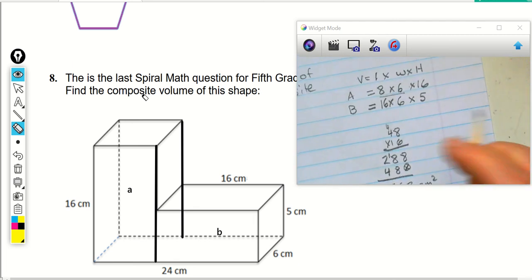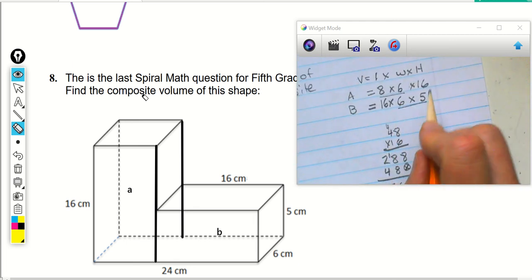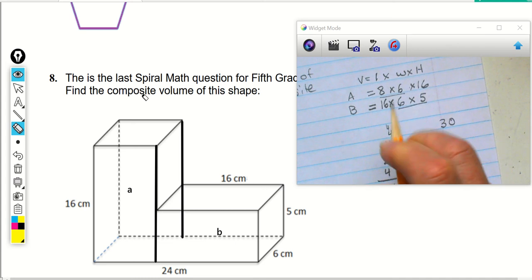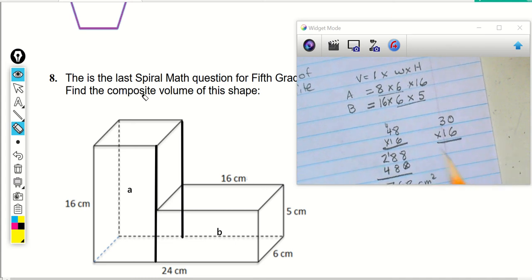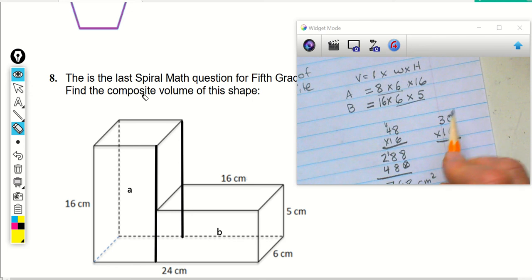Next thing I'm going to do is multiply to get the volume for shape B. I know that 6 times 5 is 30, and then I can multiply that by 16. It's okay to go backwards when you multiply, boys and girls. Commutative property. 0 times 6 is 0. 6 times 3 is 18. Drop down to 0. 30 times 1 is 30.